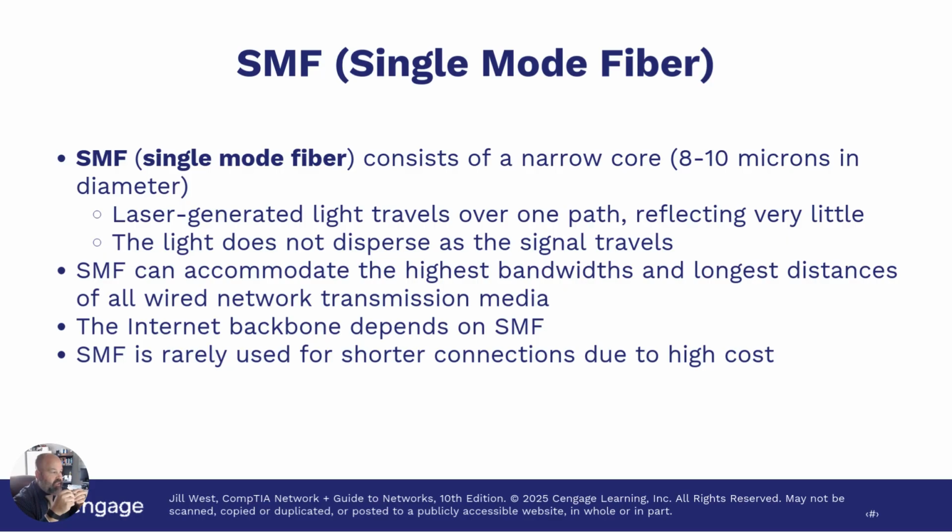SMF can handle the highest bandwidths and the longest distances of any wired transmission media. I mean, hundreds and hundreds and hundreds of miles. The internet backbone depends on this type of cable, but it's rarely used for short connections because it's really, really expensive. So this is like using a Formula One race car to run to the grocery store. It's overkill, but it's pretty impressive.